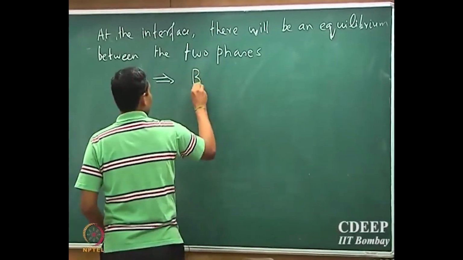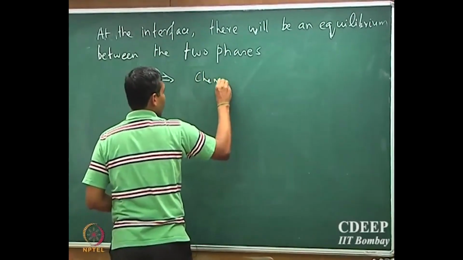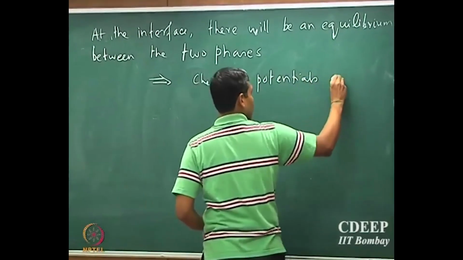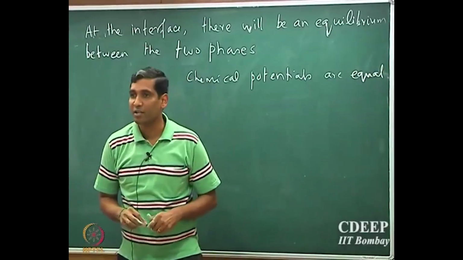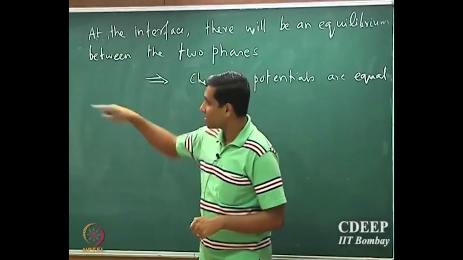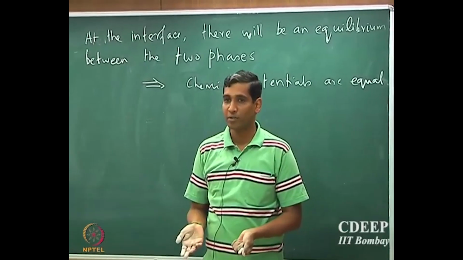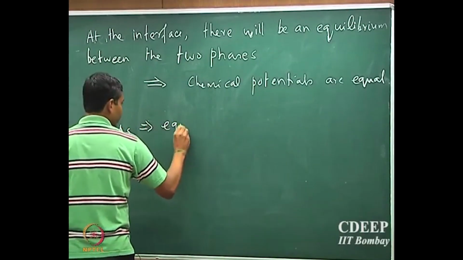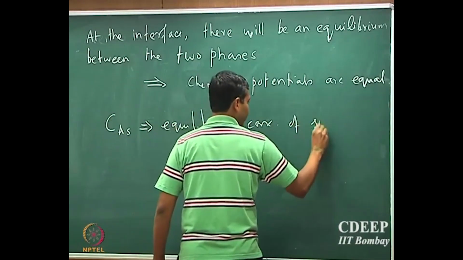So at the interface the chemical potentials are equal, and therefore if you actually balance the chemical potential, you will find that C_AS is actually not the bulk concentration, it's actually the equilibrium concentration of species A.